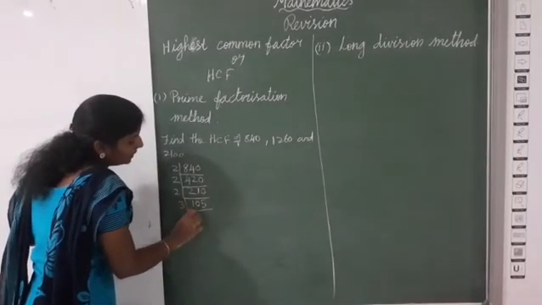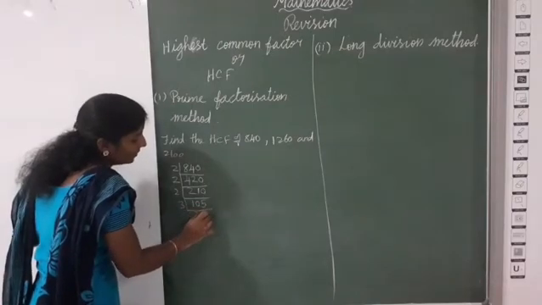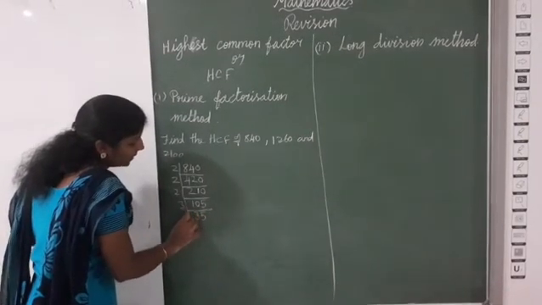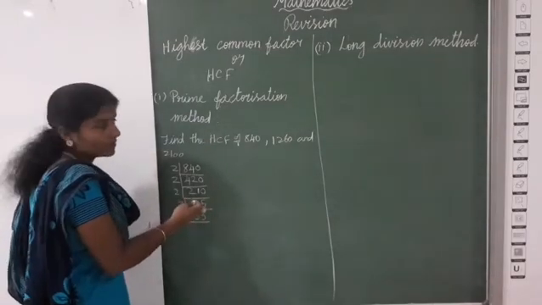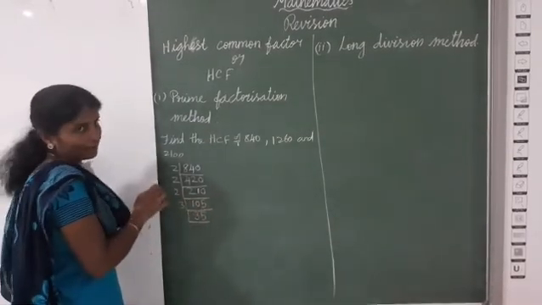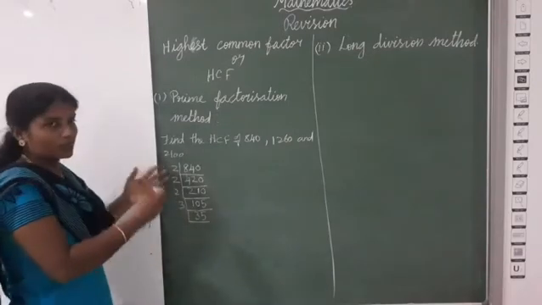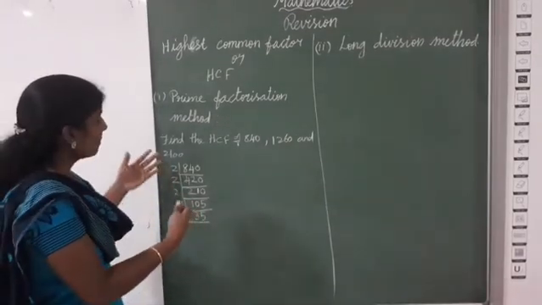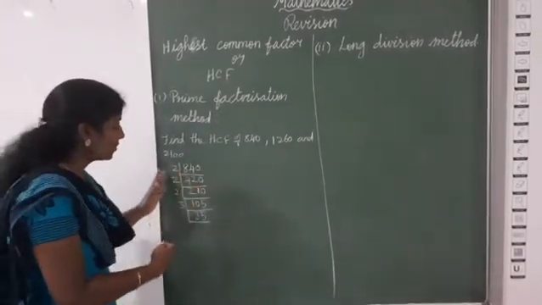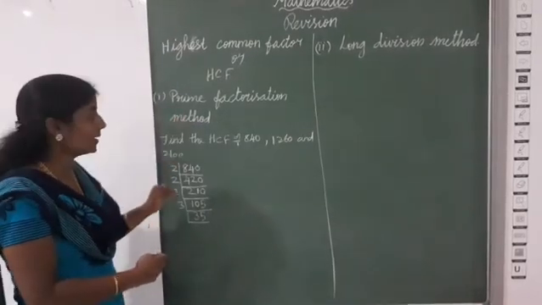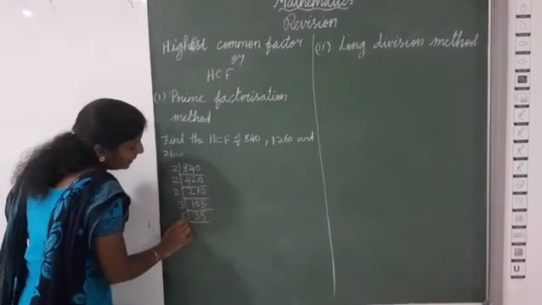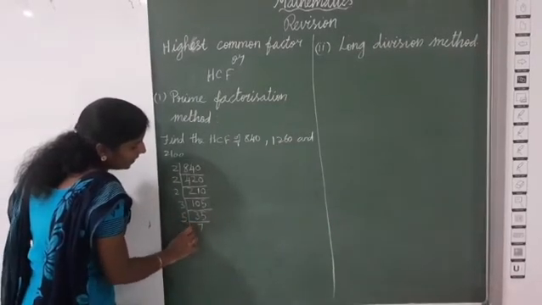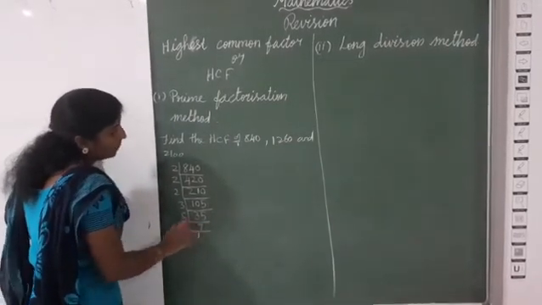Then 3 table, 3 3s are 9, 1 balance 15, 5 3s are 15. We can check this is divisible by 3. If that is divisible by 3, then you can use the 3 table. Okay. Now first 2, then 3. Then what are the prime numbers? Only those we can use because this is the prime factorization method. Okay. Now here 5 table, 7 5s are 35, 7 table 1.